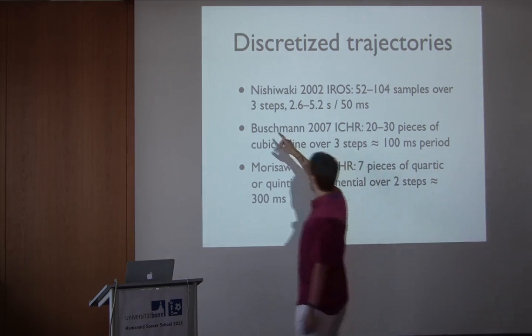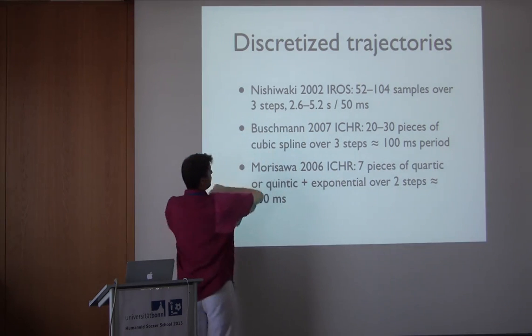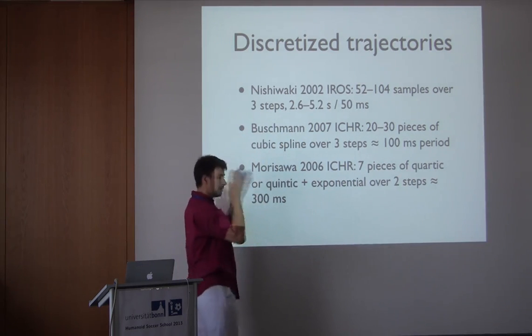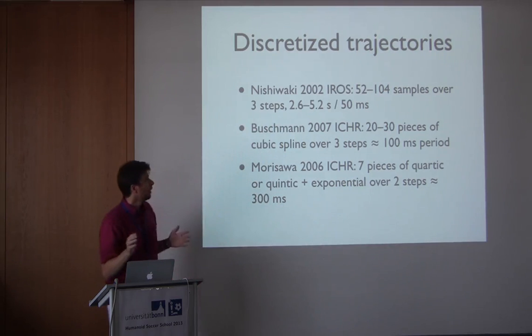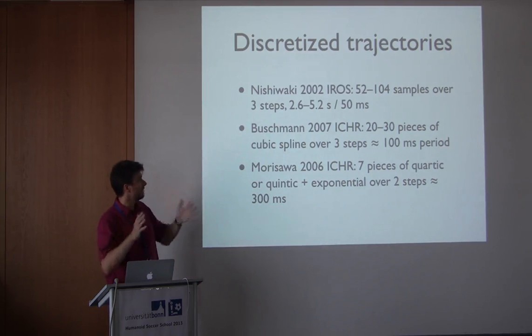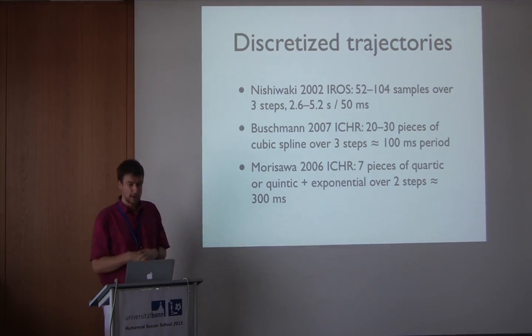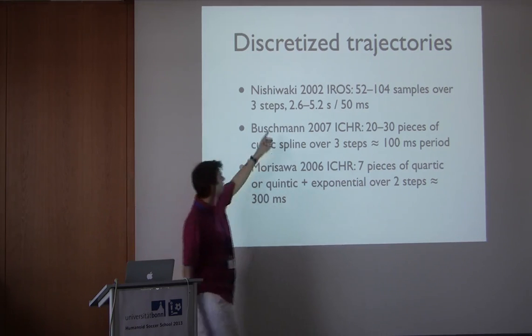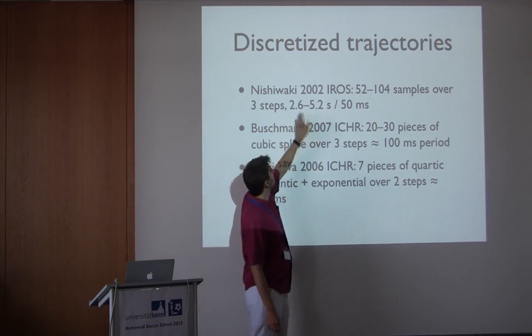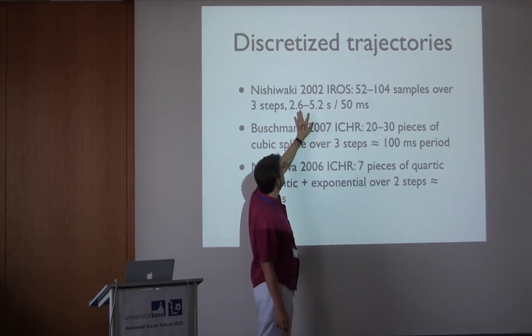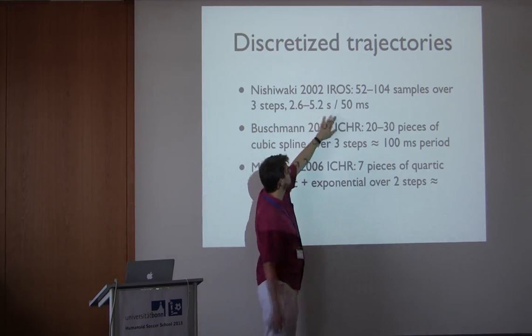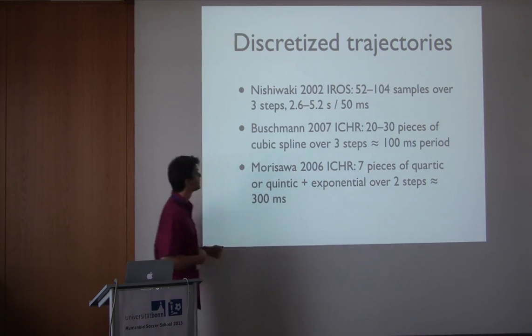So for example, in Tokyo University, they say, well, let's sample our trajectory between 50 and 100 samples. Knowing that they were considering 3 steps that take this kind of length of time, that makes a sample every 50 milliseconds.